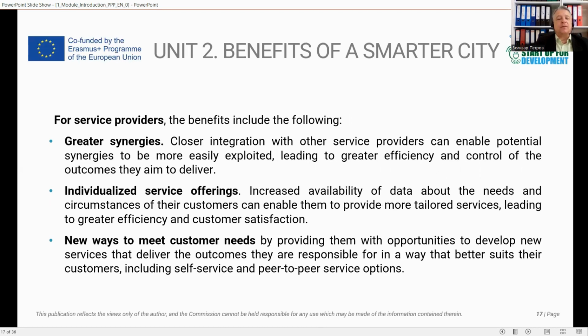For service providers, the benefits include the following: greater synergies. Closer integration with other service providers can enable potential synergies to be more easily explored, leading to greater efficiency and control of the outcomes they aim to deliver.